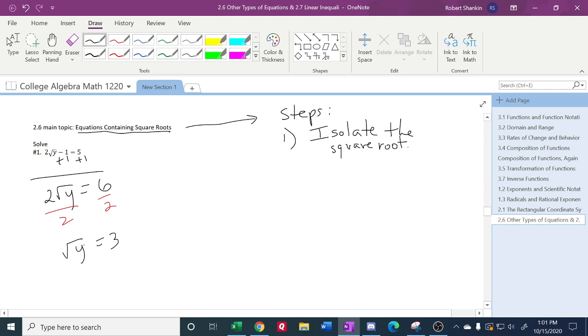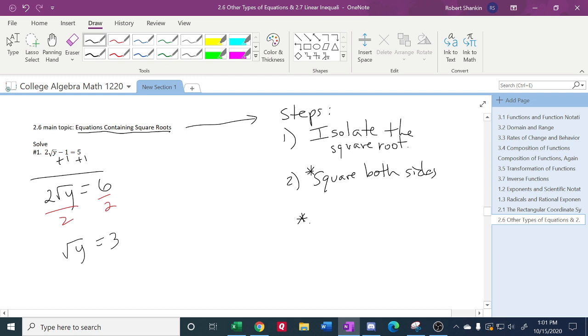Once I have isolated the square root, square both sides. Now, we have a big asterisk with this. Why do I put an asterisk?